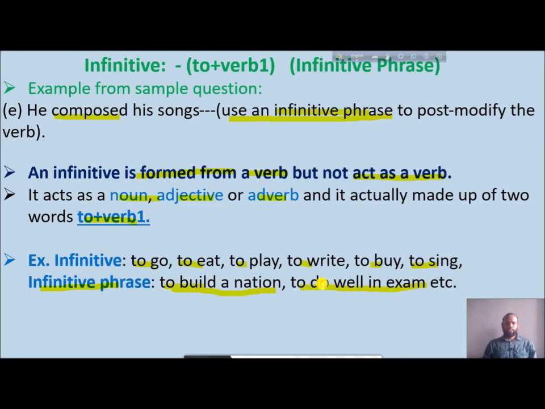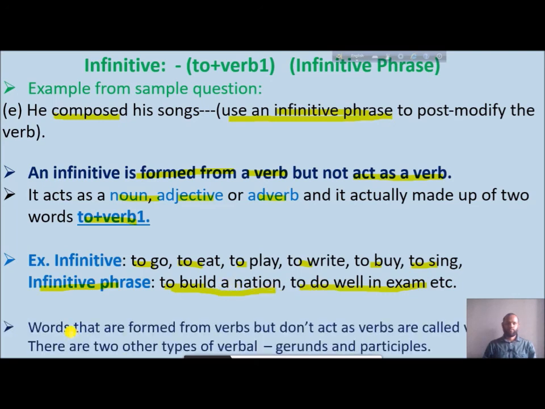So dear learners, one thing that we should remember is that words that are formed from verbs but don't act as a verb are called verbals. In the same way, infinitive is also a kind of verbal.